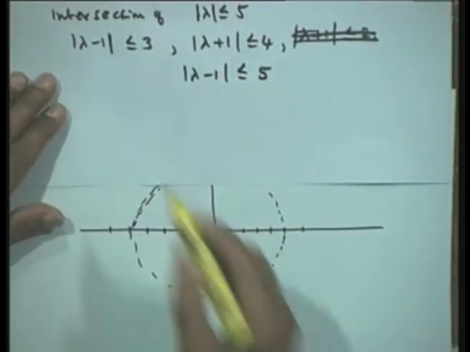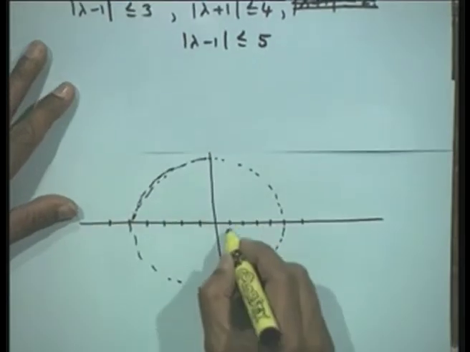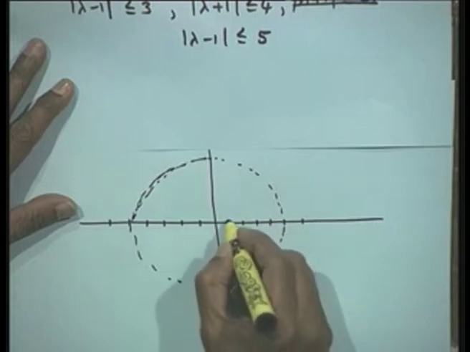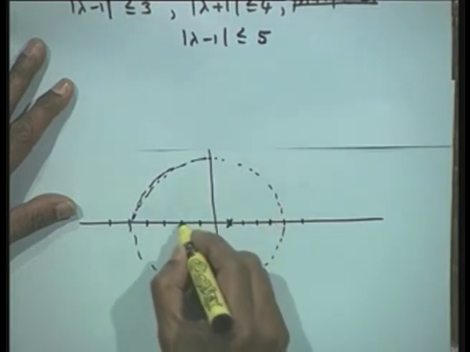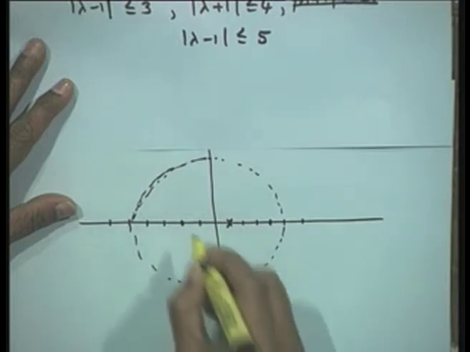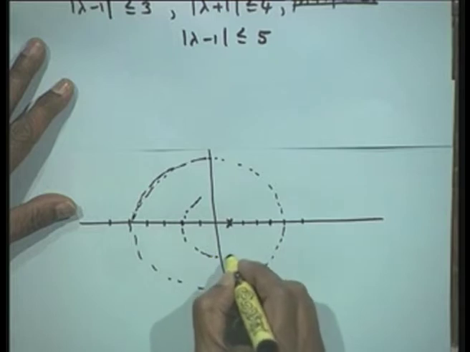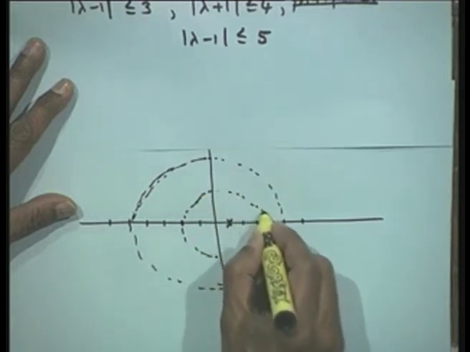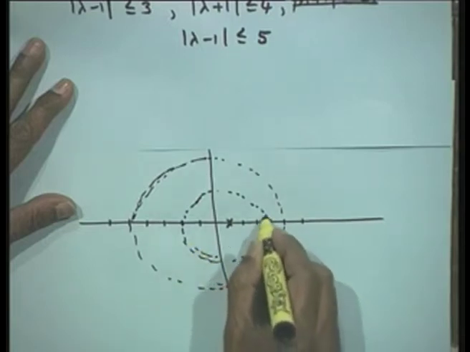Now, the second one has center at 1 and radius 3. So, this is the center, it goes through this and it goes through this. Well, it is not very beautiful, it will be more accurate later.